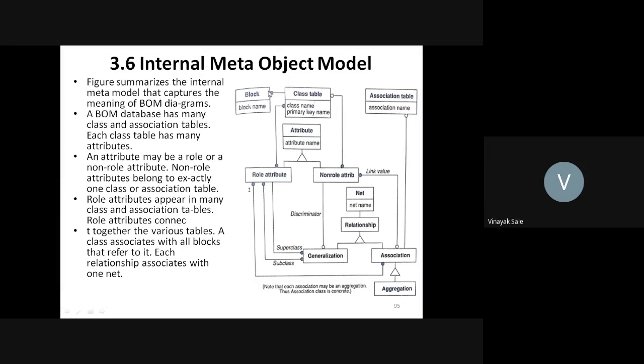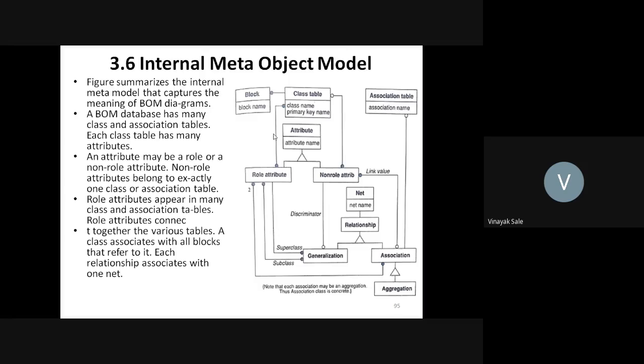Suppose this is a class block. It has attributes such as block name. Then this class table has a class name and its attributes as a name, then primary key name. So the class table is associated with block, and class name is associated with role attribute.